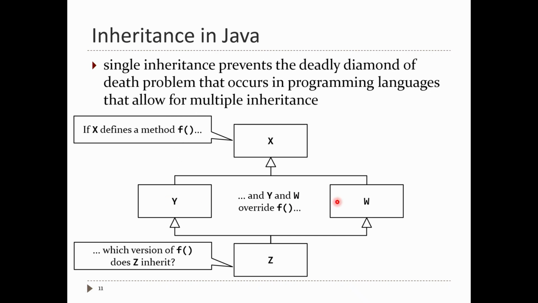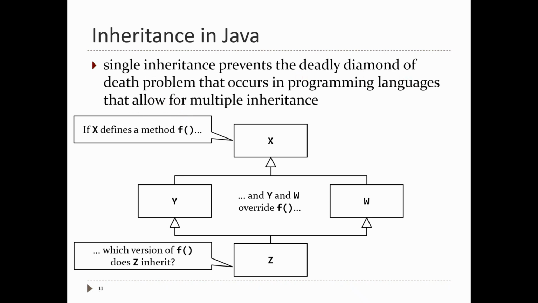Well, Y and W both get a method F. If they choose to override F, Y now has its own definition of F, and W now has its own definition of F. What happens when you get to Z? Does Z inherit Y's version of F, or does it get W's version of F? And so this problem here is called the deadly diamond of death problem, which is a real name.